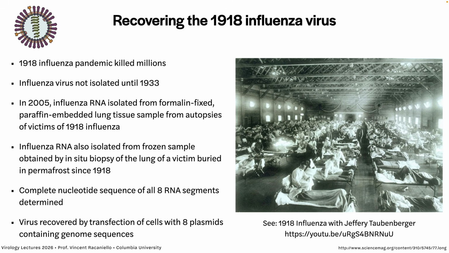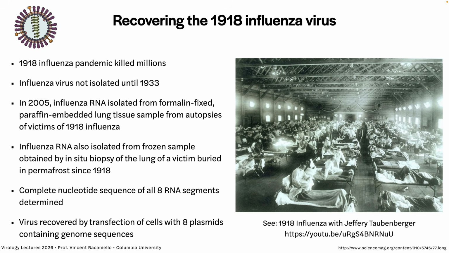So we didn't have that 1918 virus to study. So it would be useful to study it and understand why it killed so many people, right? So what was done in 2005, and this, for example, is a picture from 1918 where armories throughout the world were set up as makeshift hospitals for people with influenza because hospitals couldn't accommodate them.